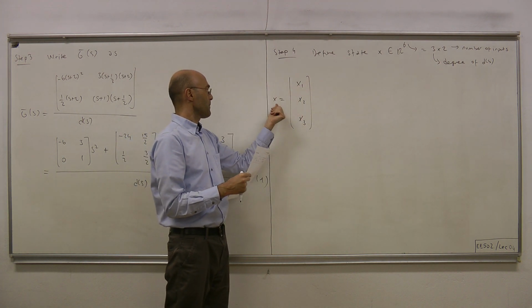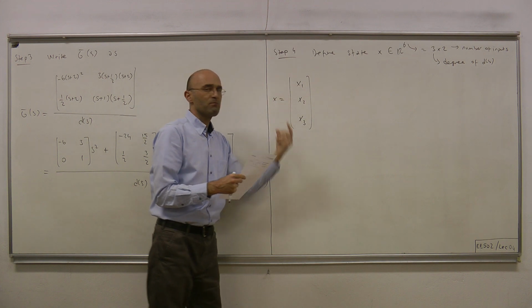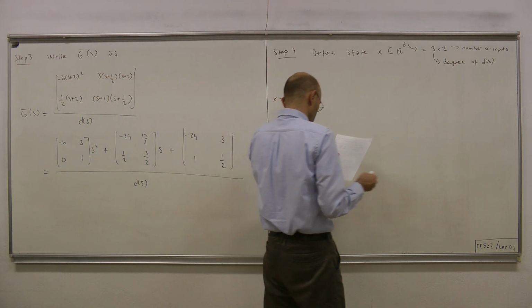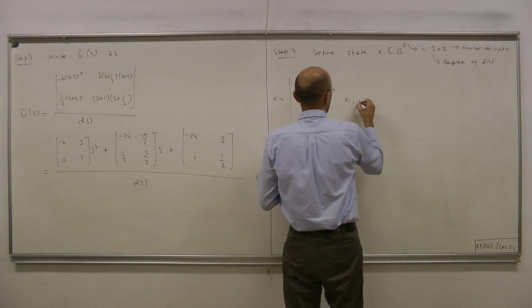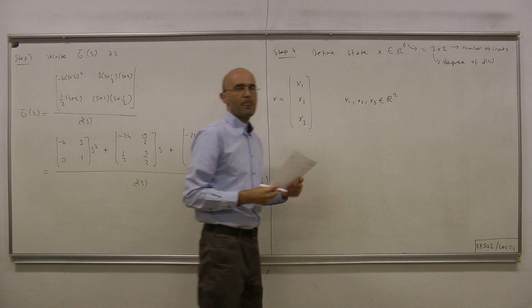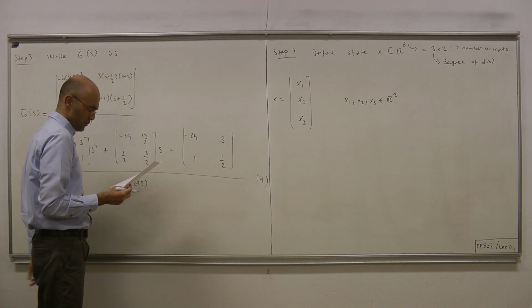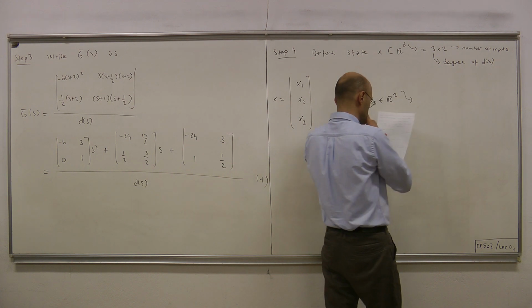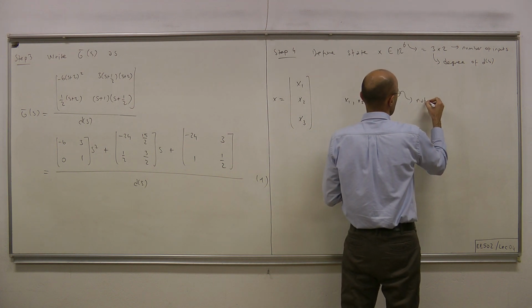So the whole vector is a vector in R6. Okay, x1, x2, x3, each in R2 real plane. And once again, this 2 is the number of inputs.